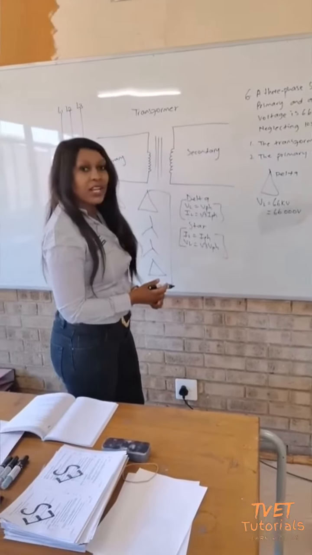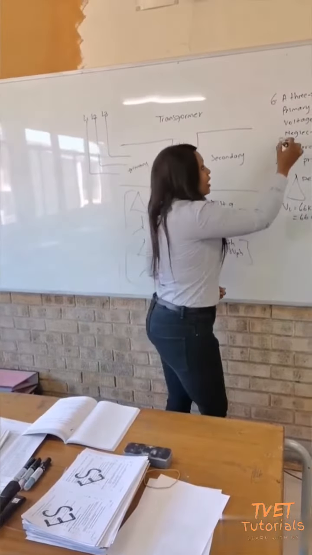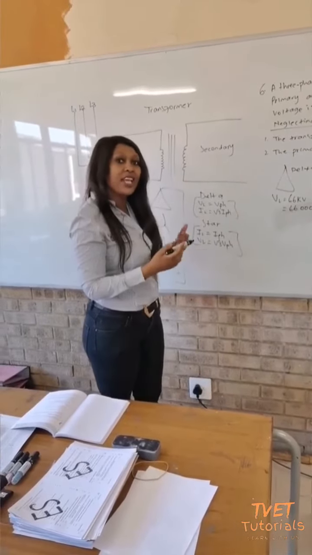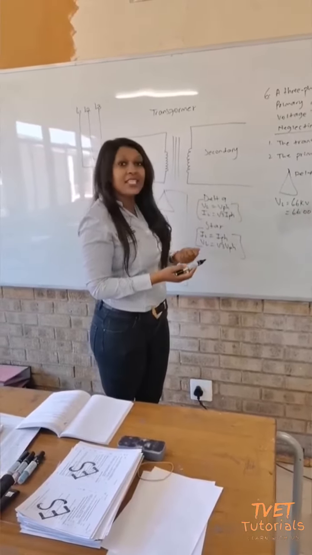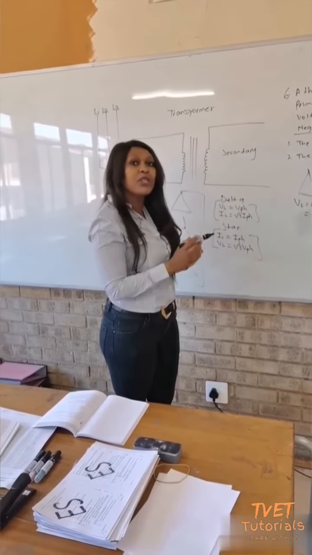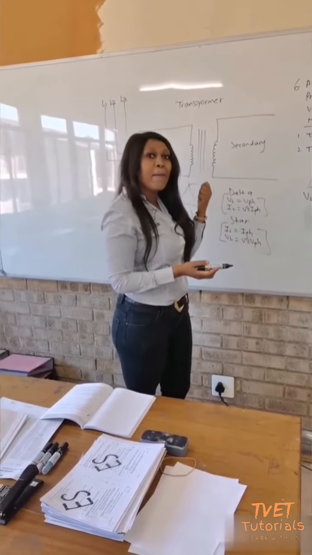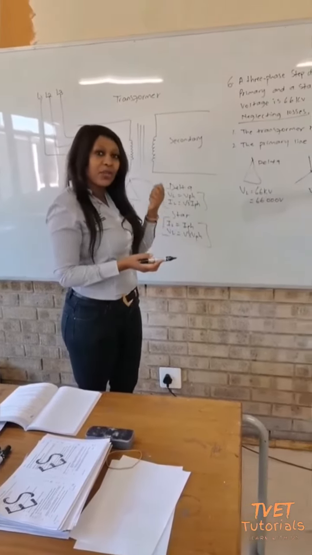Neglecting losses, we calculate. By saying neglecting losses, it means you are dealing with a transformer which is ideal. When you talk about an ideal transformer, we talk about a transformer with no losses. Basically, this means that we are dealing with a transformer with no losses.